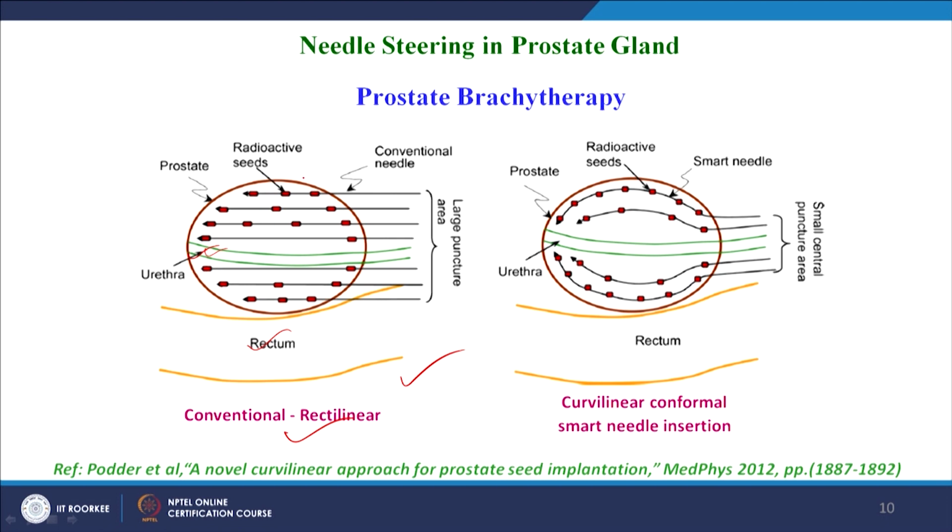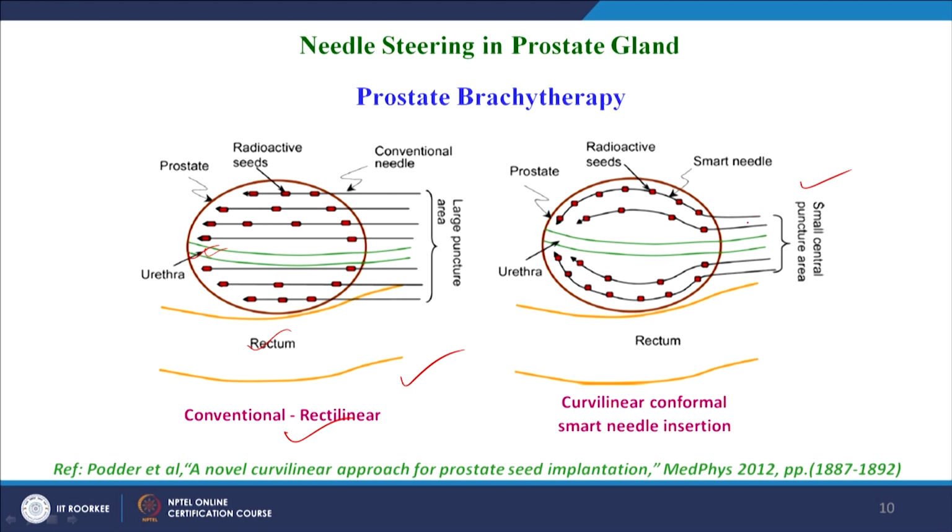The conventional needles with the radioactive seeds are penetrated in order to go to the periphery of the prostate gland, whereas with the concept by Professor Tarun Padar, the proposed curvilinear approach, the needles conform to the shape of the prostate gland.